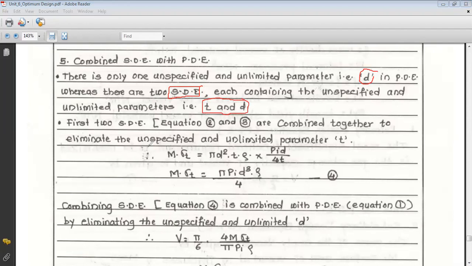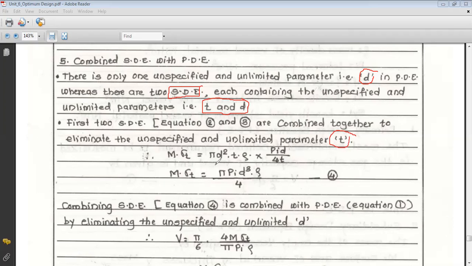So the first two SD, equation number 2 and 3, are combined so as to eliminate the unspecified unlimited parameter t. So we have to multiply equation number 2 with equation number 3. Both equations, the mass equation and the tensile stress equation, are multiplied.